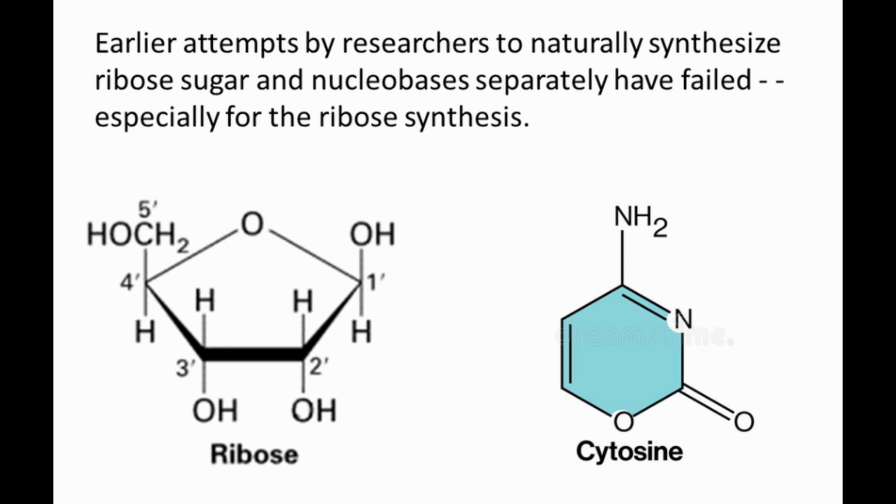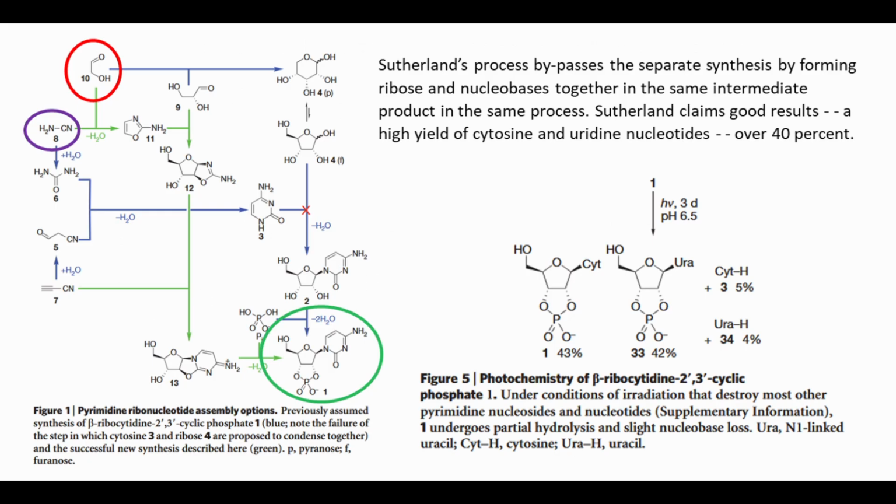Ribose sugar is terribly difficult to synthesize without modern lab equipment and modern reagents that would not be available on a prebiotic Earth. Sutherland's process bypasses the separate synthesis by forming ribose and nucleobases together on the same intermediate product. Sutherland claims good results: a high yield of cytosine and uridine nucleotides, over 40%.